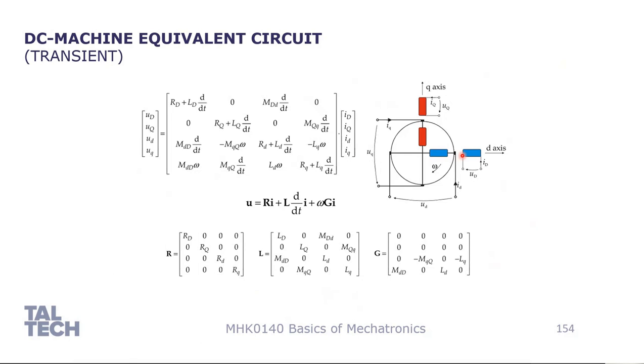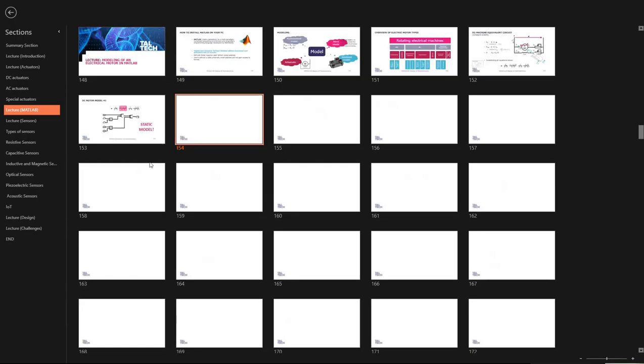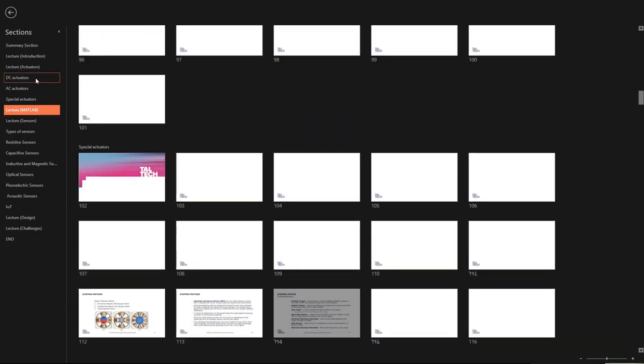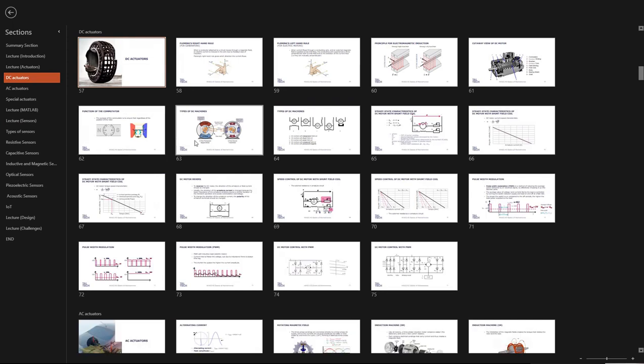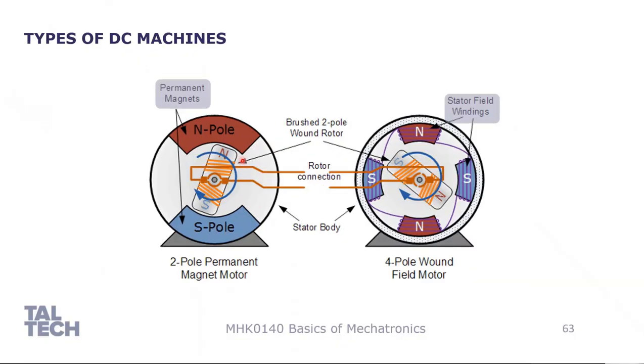It is easy to describe if the construction of the machine is different. What I have in mind about the different construction is that when we were discussing DC machines, for example, here you see that we have the armature or the rotor that has such a rectangular form, and by direct and quadrature axis we have very different parameters, very different fields.